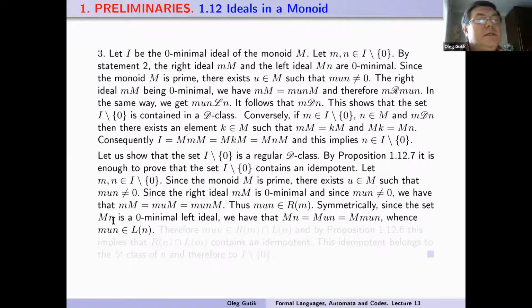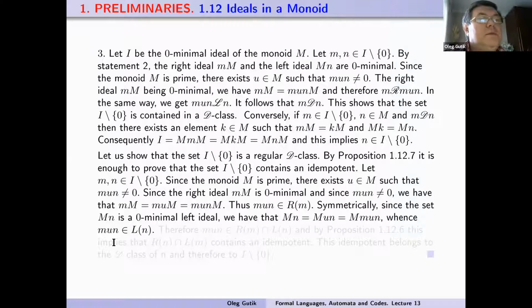Symmetrically, since the set MN is a zero minimal left ideal, we have that M capital N is equal to M capital UN, which is equal to M capital M UN.